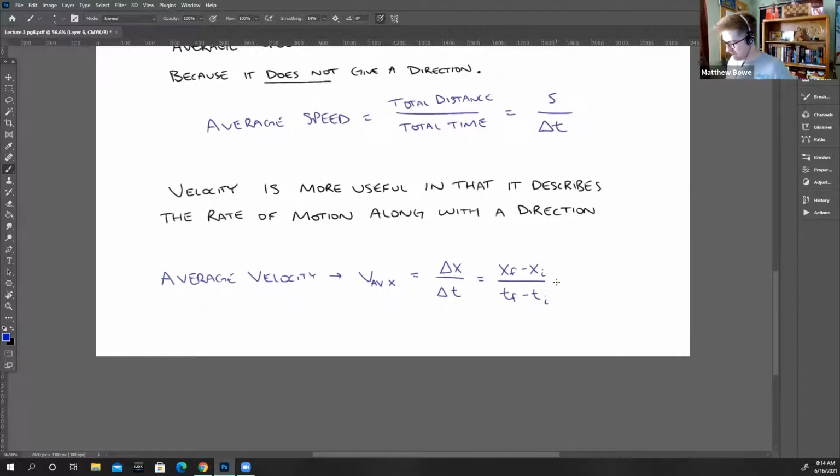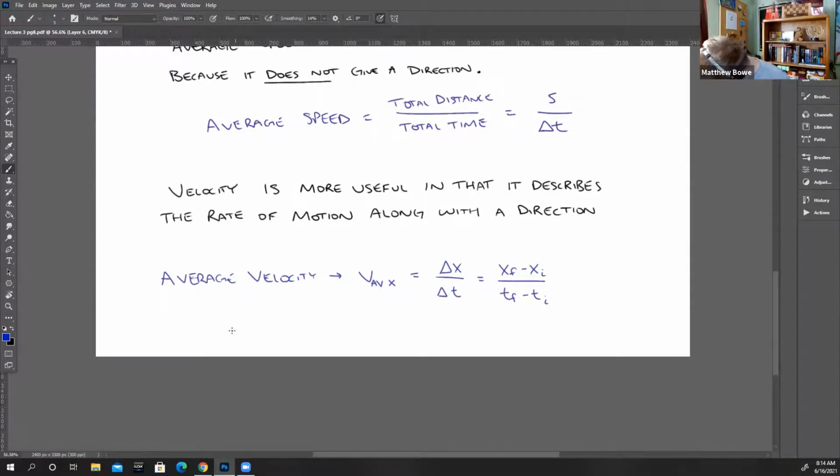And the last thing we can notice about this is, if we look at this first section, I can get delta x by itself by multiplying both sides by delta t.